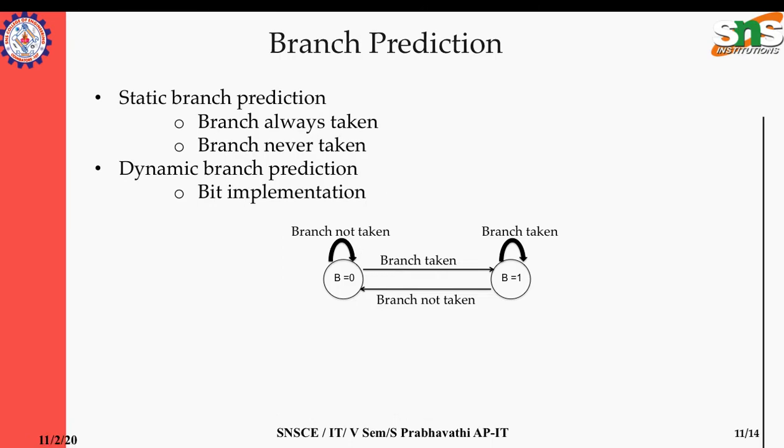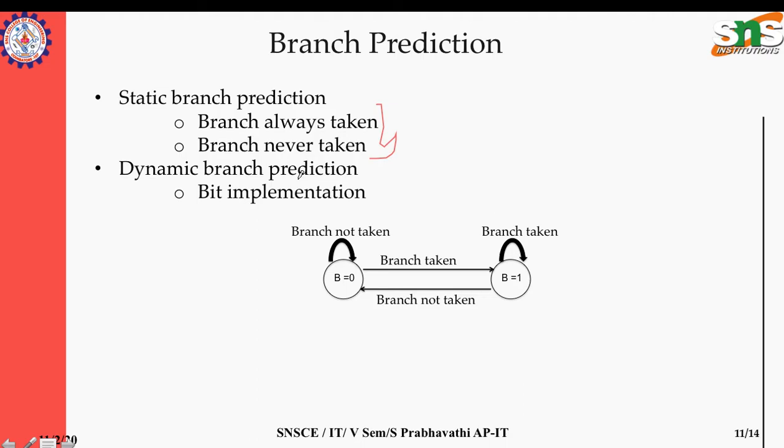The thing which we have seen already, assuming that the branch will always take place or will never take place, this kind of prediction we call static branch prediction. So it's fixed. When our program has a branch instruction, we predict either that it will always happen, or that it will never happen. So this is static.